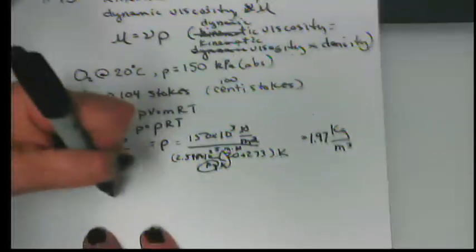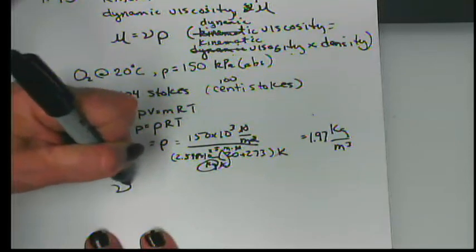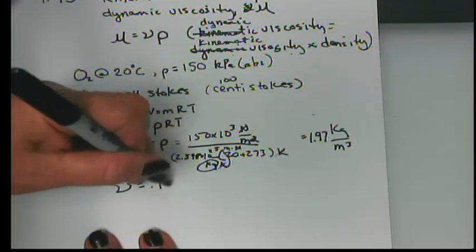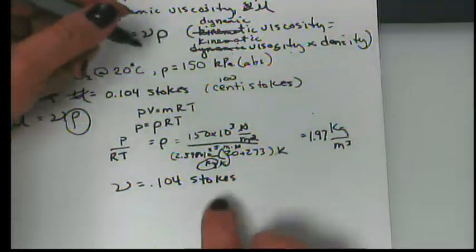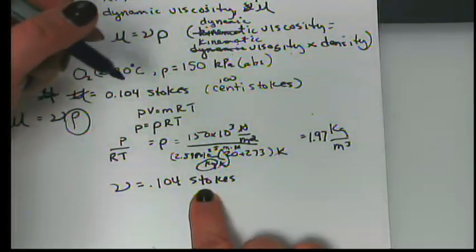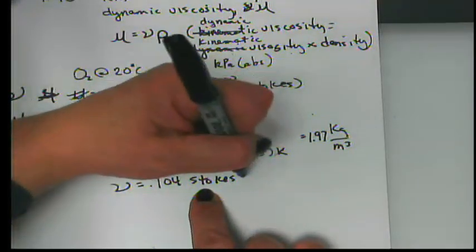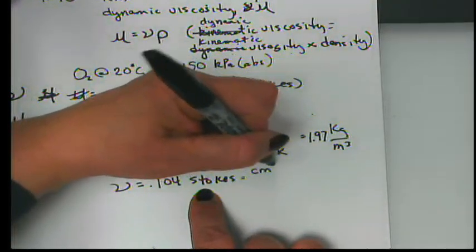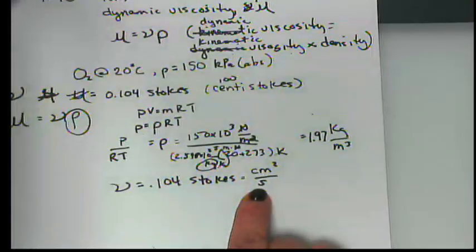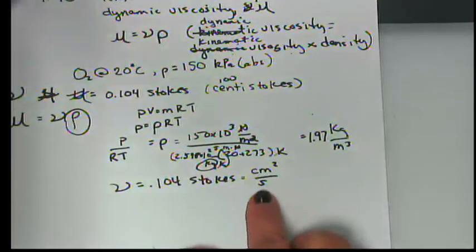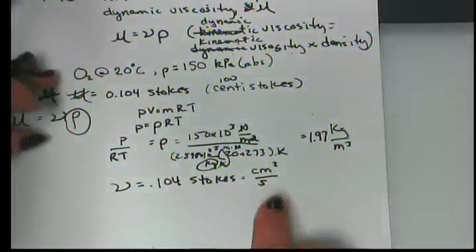All right, so we're told that our kinematic viscosity is 0.104 Stokes. And if you refer to your book to find units, you'll find that a Stoke has units of a centimeter squared per second. So it's length squared per time.